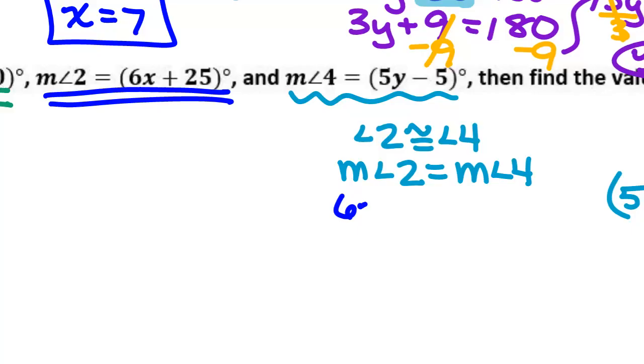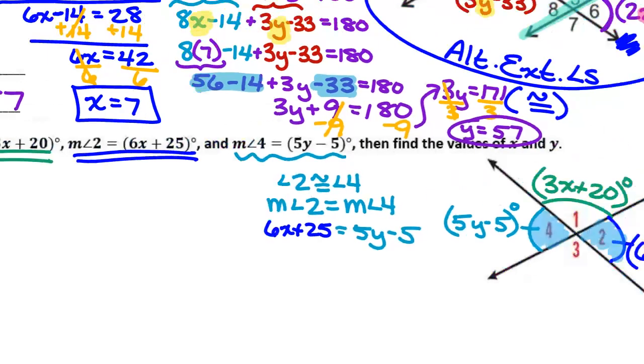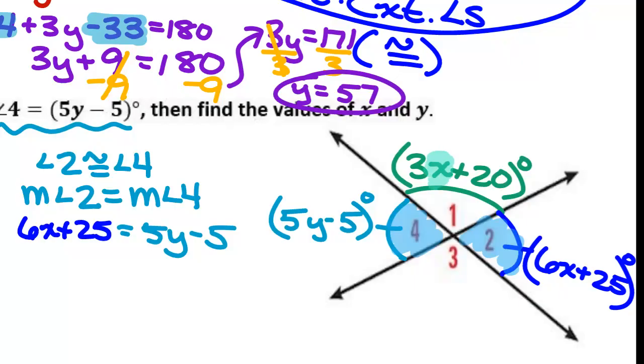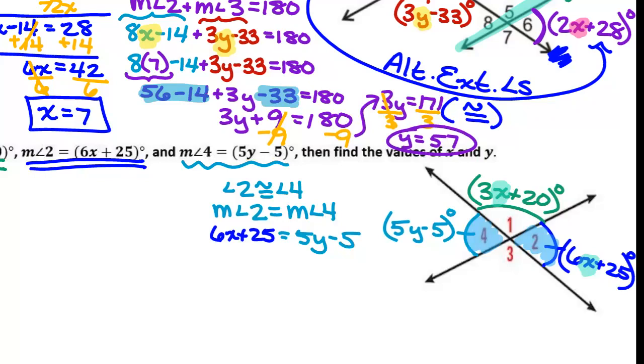So this would be 6x plus 25 equals 5y minus 5, but I can't go any further on this problem until I know what either x or y is. So I'm going to go back to my problem. I have an x right here and an x right here. Talk to me about angles 1 and 2.